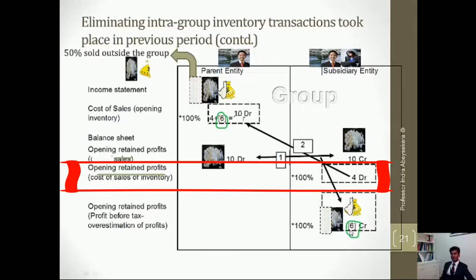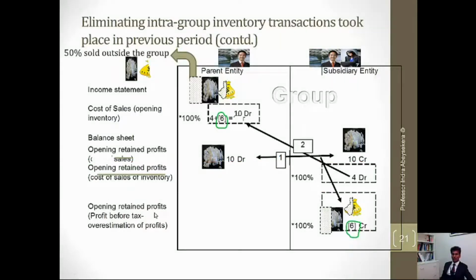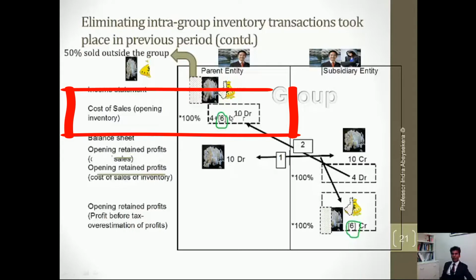Gain on sale of inventory is in opening retained profits in the previous period. And the cost of goods sold, when parent bought it, is again opening retained profits.